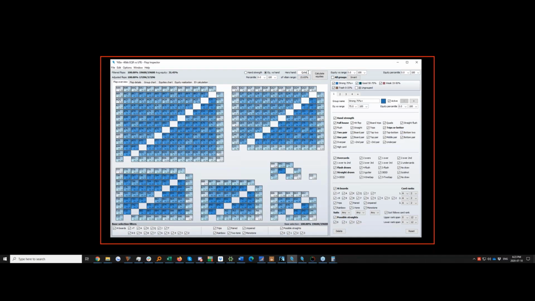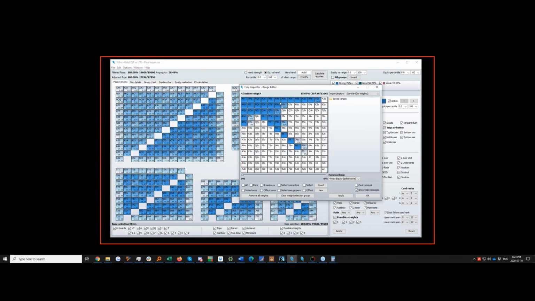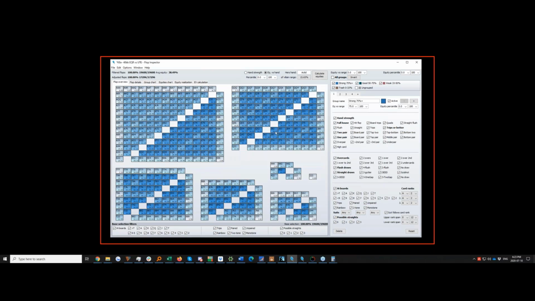What I did here is you can put in a hand, let's say clubs and 6 of diamonds, and you can calculate the hand equity against the range. I gave the opponent the UTG range, so the same range as we have been using here.